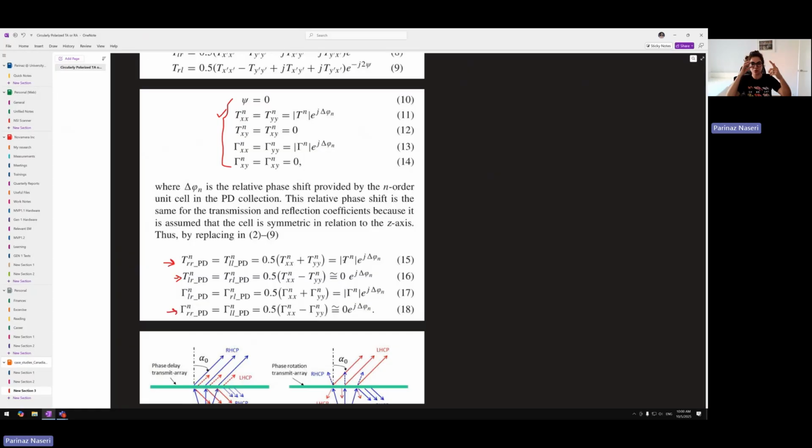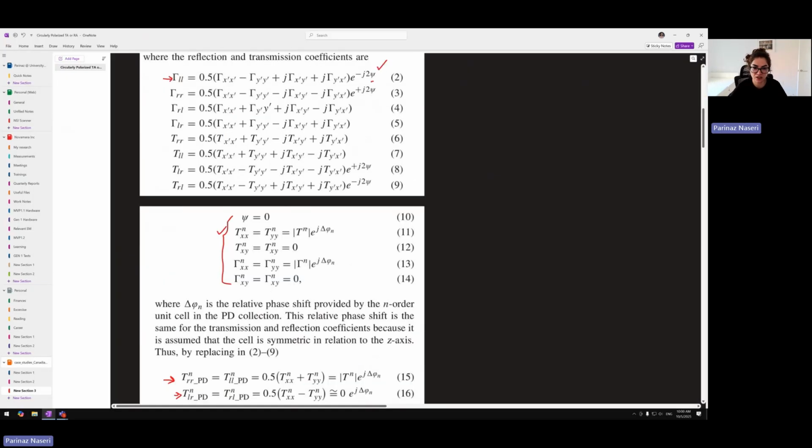Weird, right? Because we thought, oh, okay, whenever I'm converting from RHCP to LHCP, I'm supposed to have this 1 plus j, or like a phase difference. No, you have to go back to the basics. Try this practice. Try to put in this special case. Let's say you have a square.